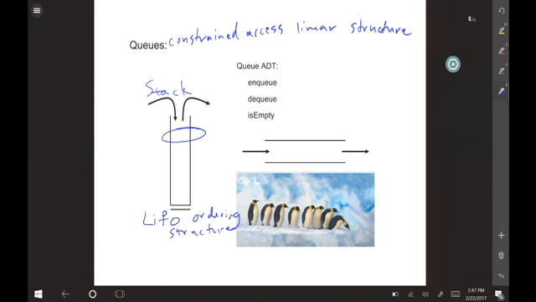Queues, on the other hand, have an entry to the structure that we refer to as the rear and an exit from the structure that we refer to as the front. Now, this is totally consistent with our cultural understanding of a queue.